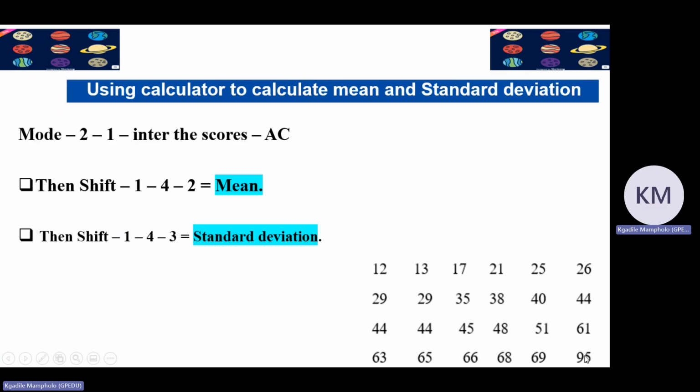So you enter all the scores. Then you press AC. AC means you are saving the data, so that after you have calculated the mean, there's no need to start from scratch. You just go on and get the standard deviation without entering the data scores again.